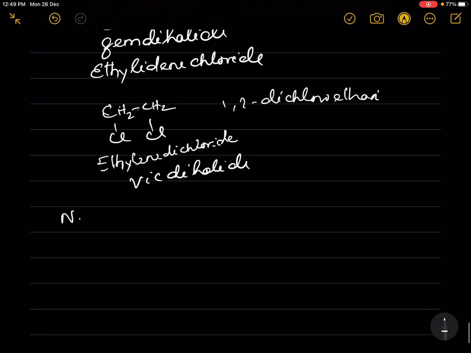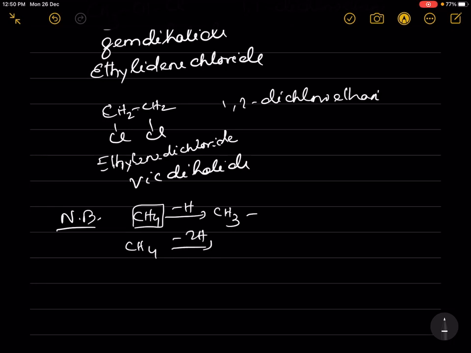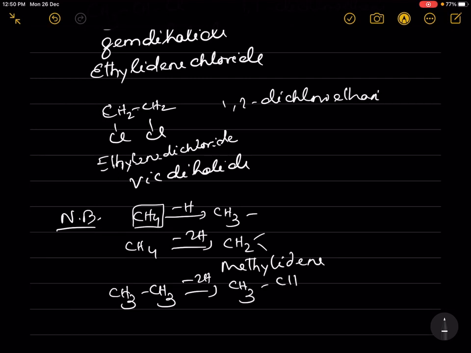One note will be given. If one H is removed, you will get a methyl from methane. If two hydrogen atoms are removed from the same carbon, you will get methylidene, then you will get ethylidene.